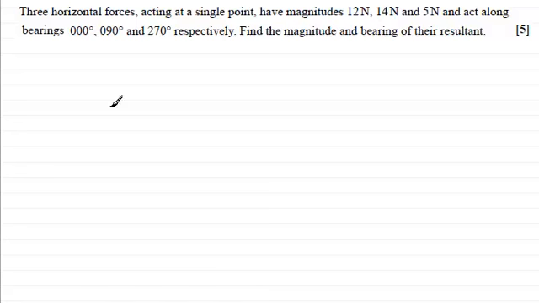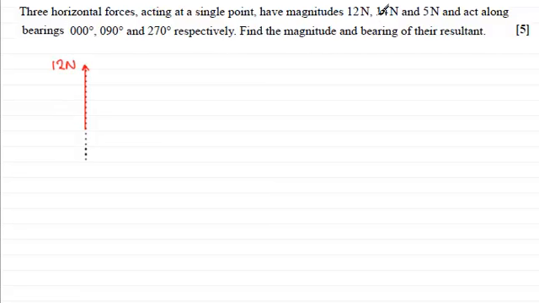First of all, I'm going to draw a diagram and we'll have north, say, up the page here. So we've got 12 newtons acting upwards on a bearing of 000 degrees.